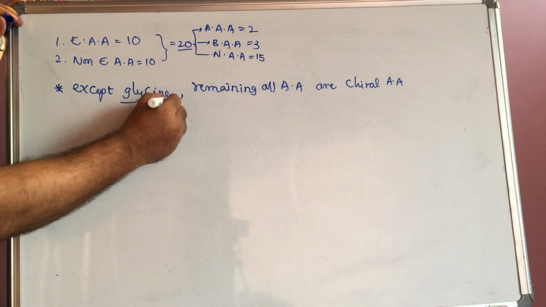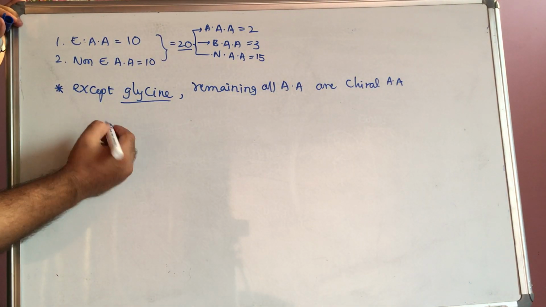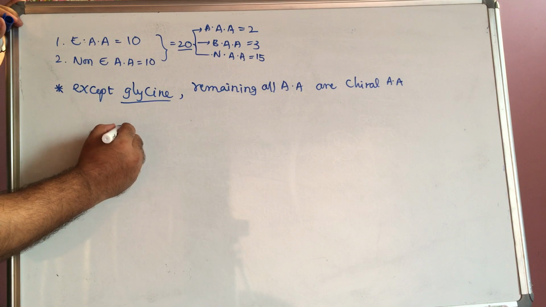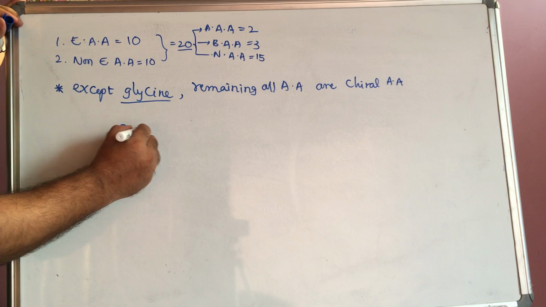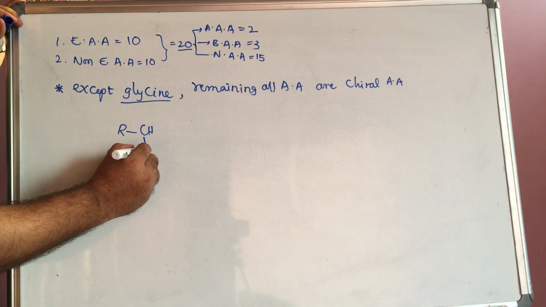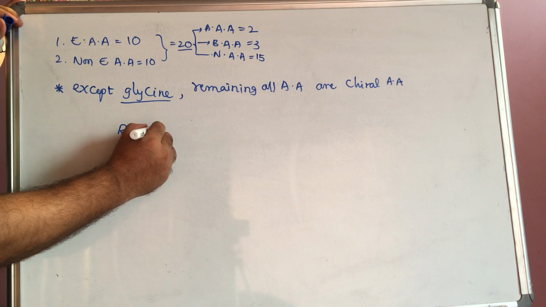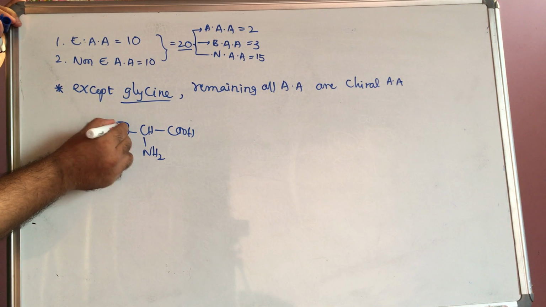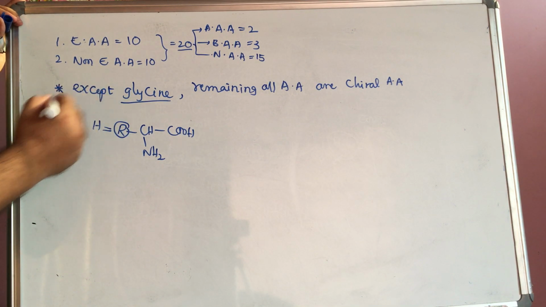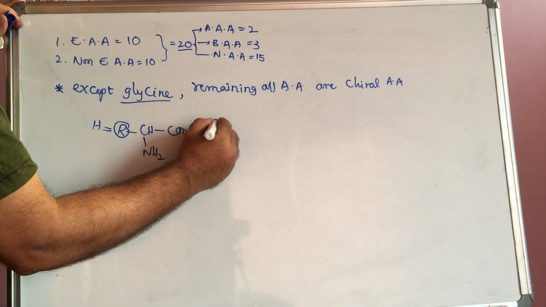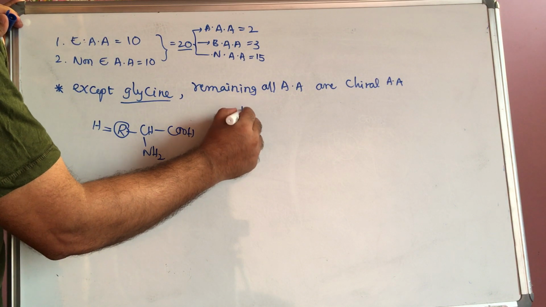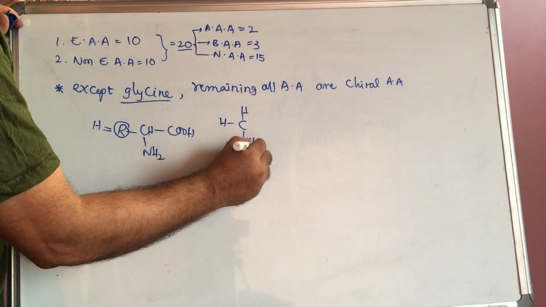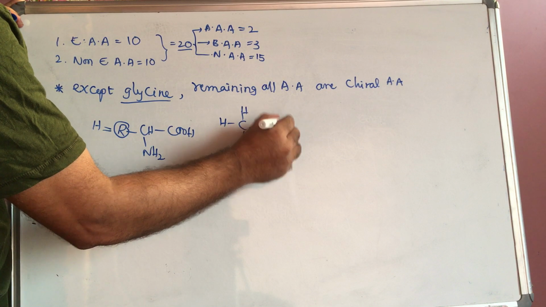Because for glycine, we know the general structure of an amino acid is R, C, H, NH2, COOH. Here the R group is H for glycine. Then you will get H, C, H, NH2, COOH.